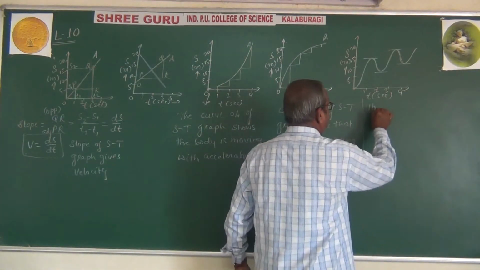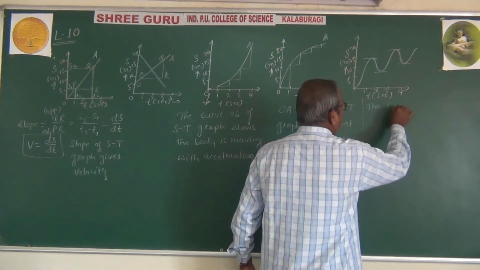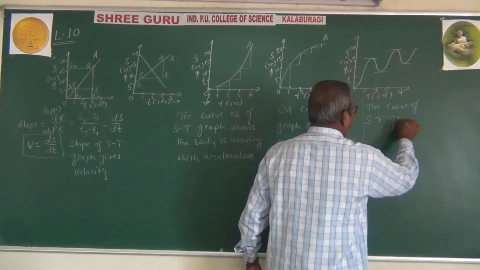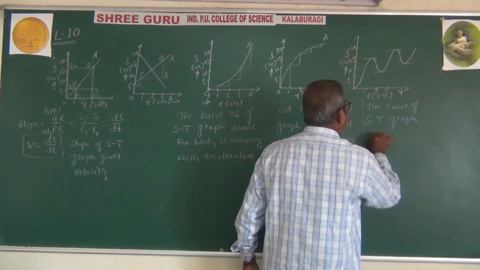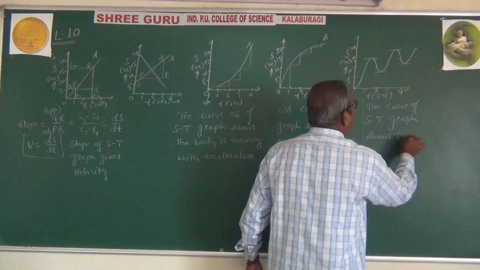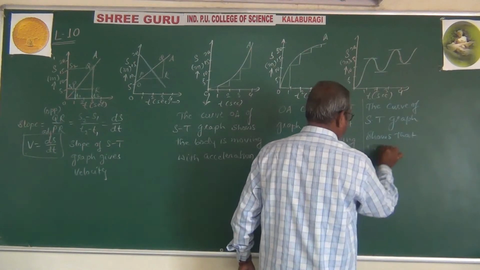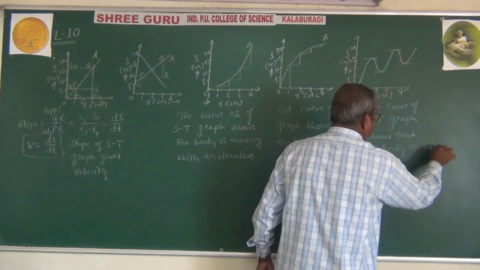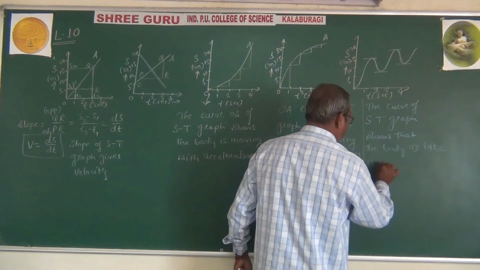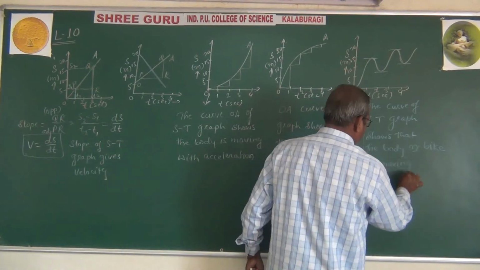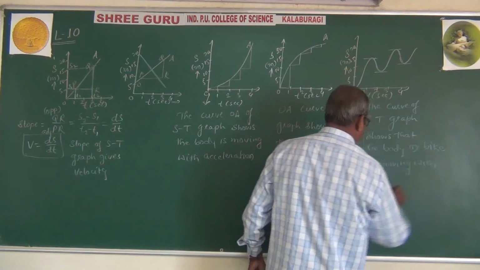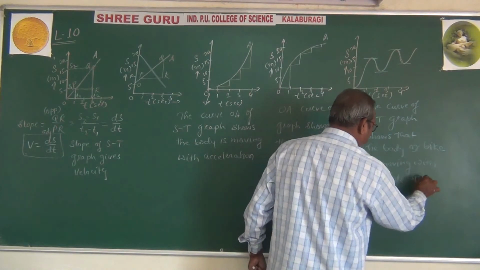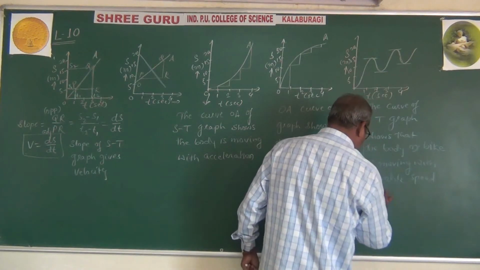the curve of the SP graph shows that the body or bike is moving with variable speed or velocity.